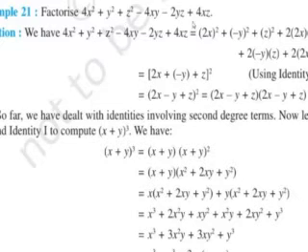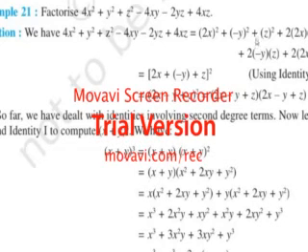And z, you can see, has been kept as z only. The next one is 2 into 2x into minus y, so it will become minus 4xy. In the same way 2 into minus y into z will become minus 2yz as it is here.